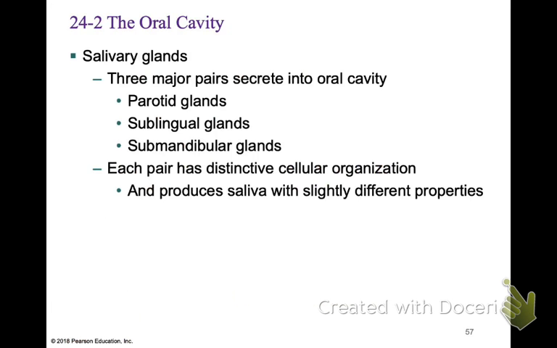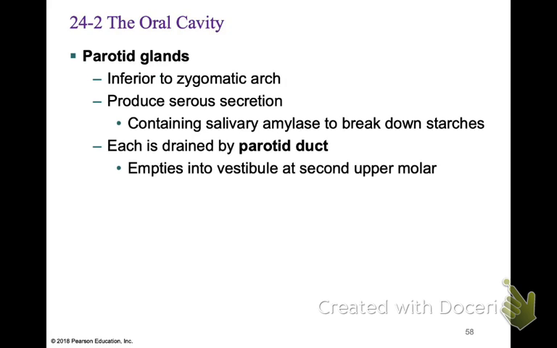All right, salivary glands. You've got three major pairs of glands, and then you've got a lot of little scattered glands. The three major pairs are the parotid glands, the sublingual glands, and the submandibular glands. And they all produce saliva, but slightly different properties to each one. The parotid glands are the big glands that are just in front of your ears. These are the ones that when someone has mumps tend to get swollen.